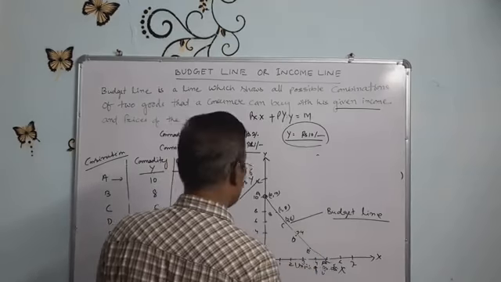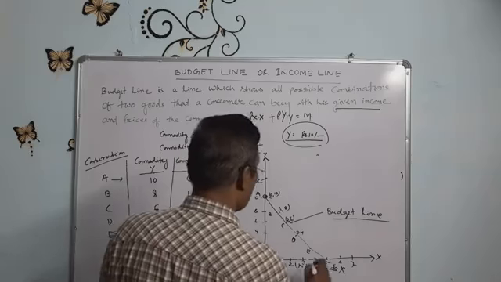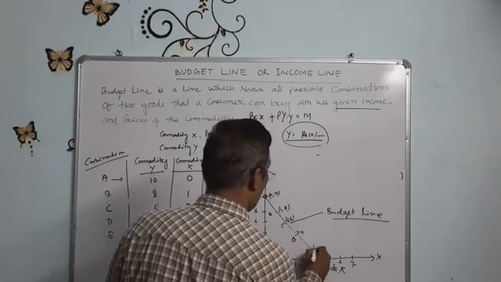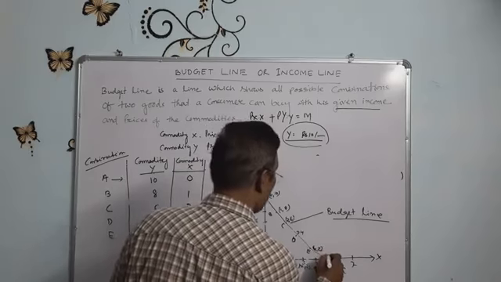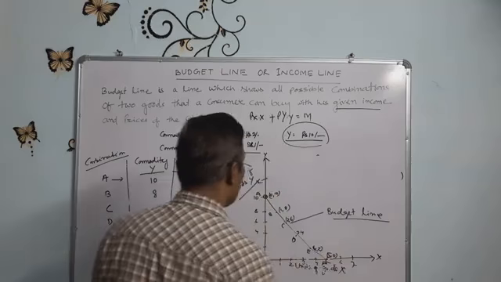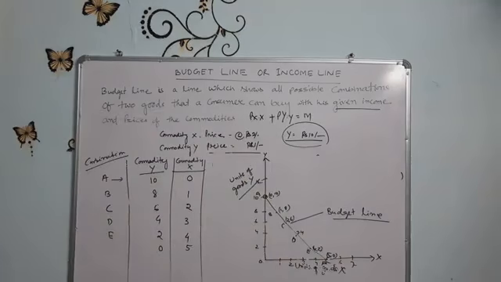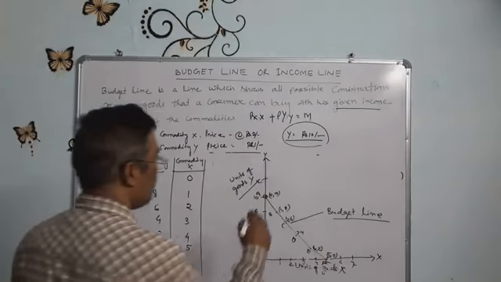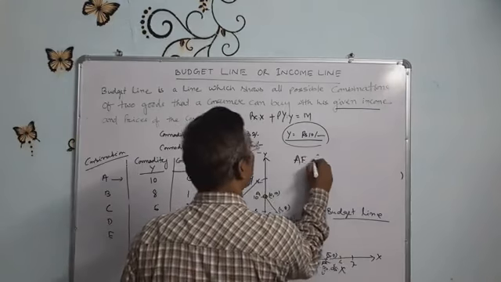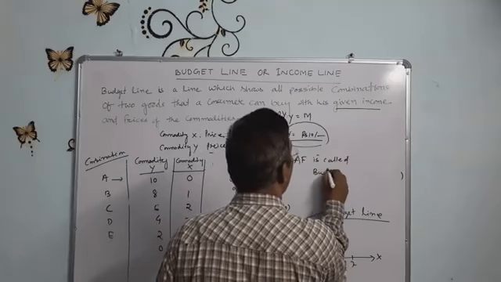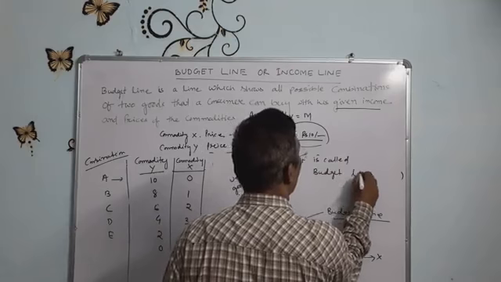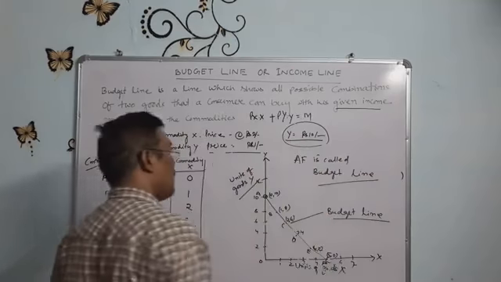And E is the combination (4, 2). And F is the combination (5, 0). So AF is to be called the budget line, or it can also be called the income line.